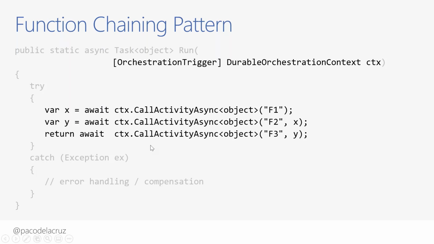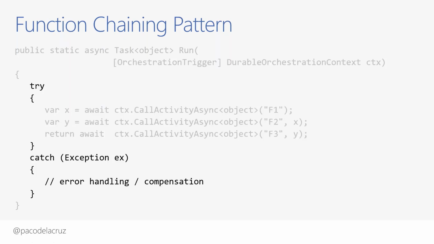So it's very, very easy to implement. As I mentioned, we can use just the normal constructs we are used to in C# to implement exception handling. And we can also implement retries when we're calling these activity functions.